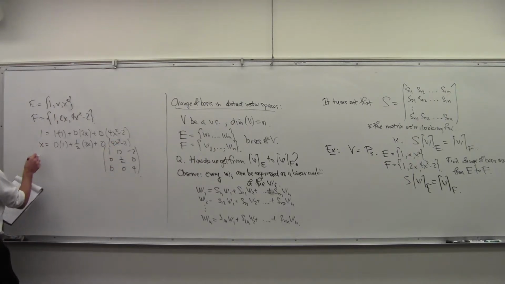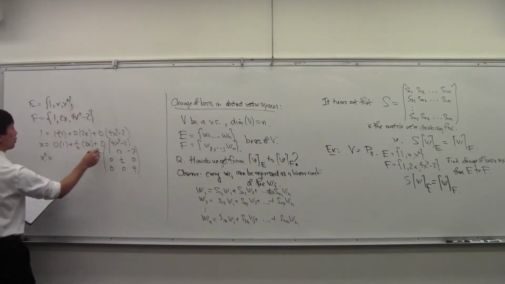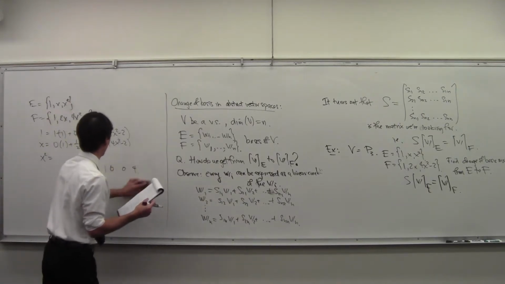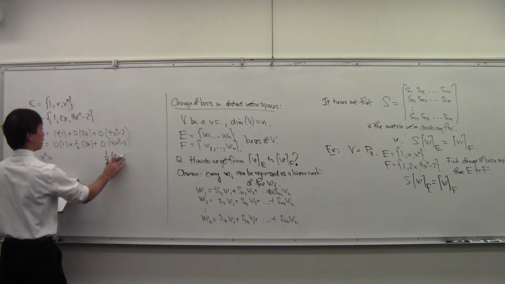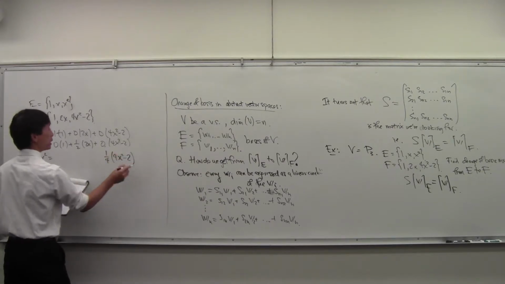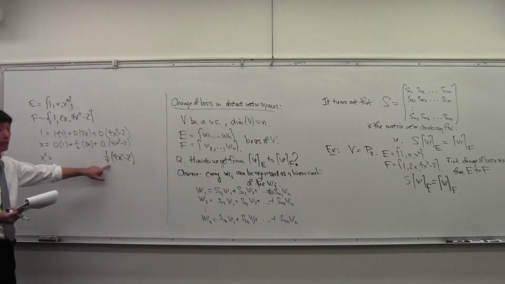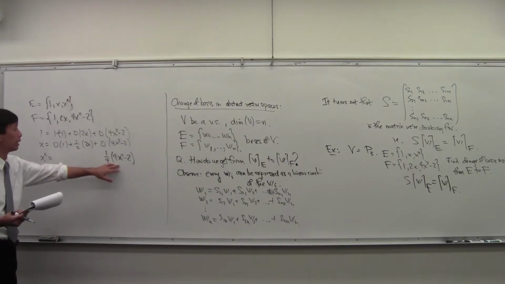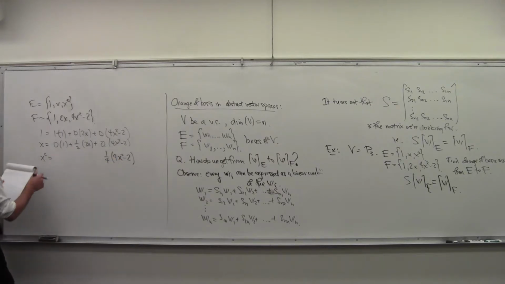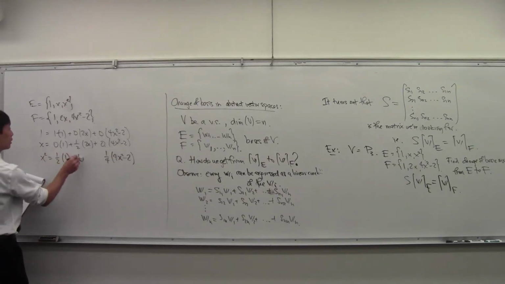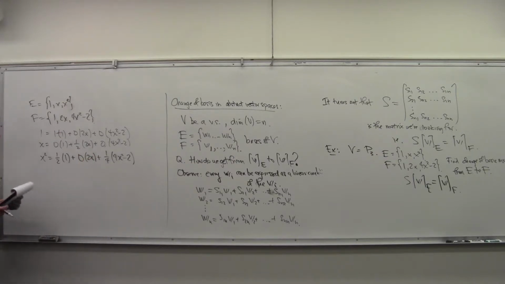And then for x squared, to get that x squared, you're going to need a quarter of the last guy. That gives you x squared minus a half, so you need plus a half here. So you did something wrong with the calculation, but you've got the right idea.